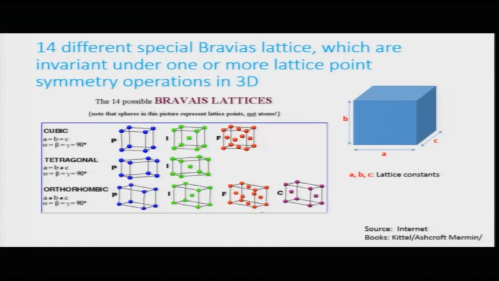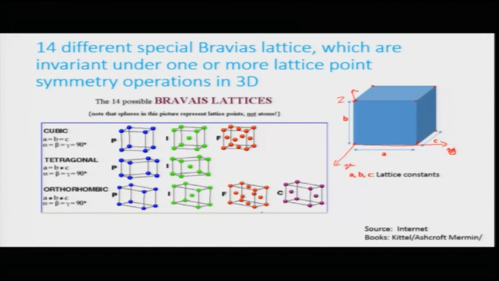But there are certain terminologies which I would like to introduce here. If I have a cubic lattice, then these lengths between the points along the different directions are A, B and C. Let us say this is the y axis, this is the x axis and this is the z axis.